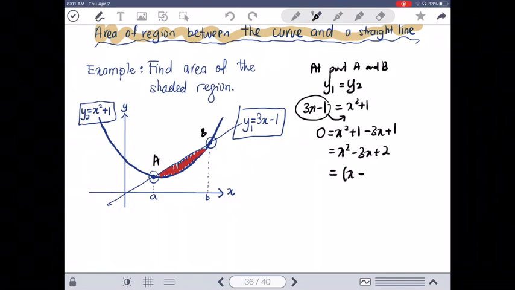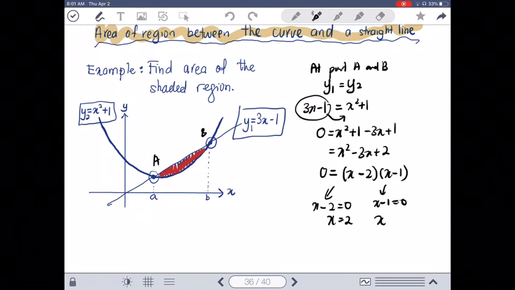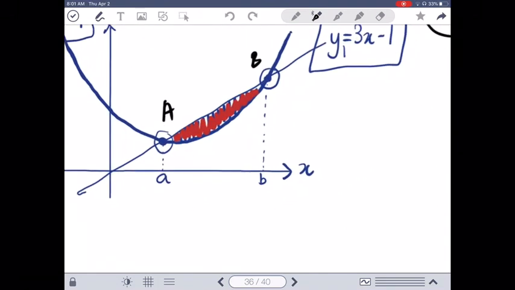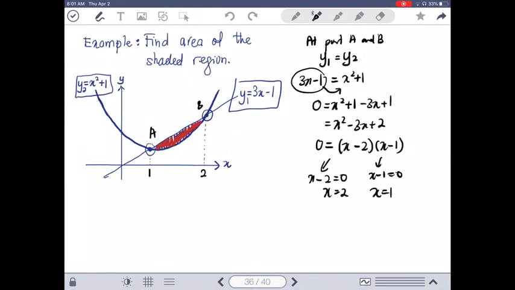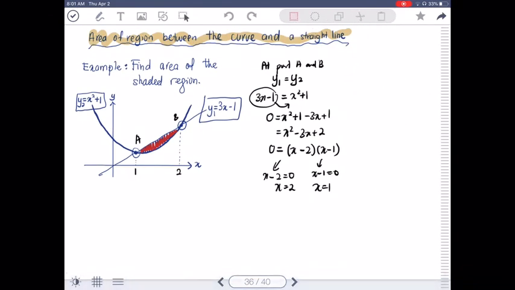Then I factorize: (x minus 2)(x minus 1) equals 0, which means x minus 2 equals 0, so x equals 2, and x minus 1 equals 0, so x equals 1. Now we have the boundaries, x equals 1 and x equals 2.